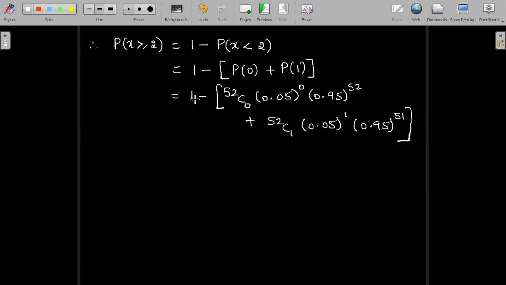So this is to be subtracted from 1, and when we perform this using a calculator, our answer is 0.7405, rounding off the answer to 4 decimal places.